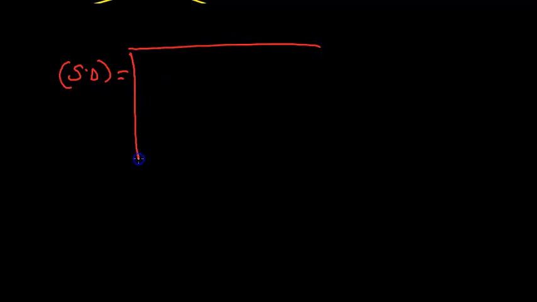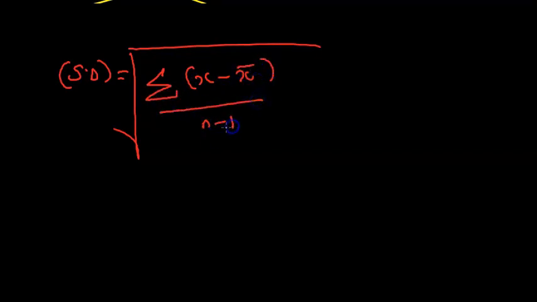Most of the time it's denoted by SD, which is going to be the square root of the summation of (x minus x bar) squared divided by n minus 1. That is the square root of the sample variance, which provides a measure of the spread of the sample.